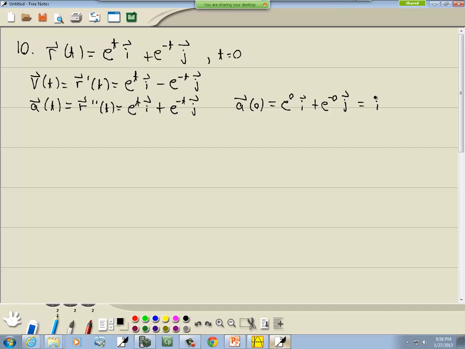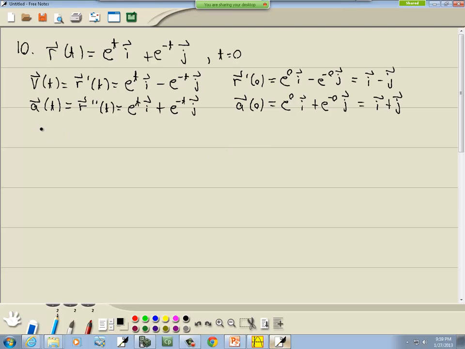So this is i plus j. We'll need that. Now r prime. We're also going to need to find out what that is. So r prime of 0 is e to the 0 i minus e to the negative 0 j, which gives us i minus j.